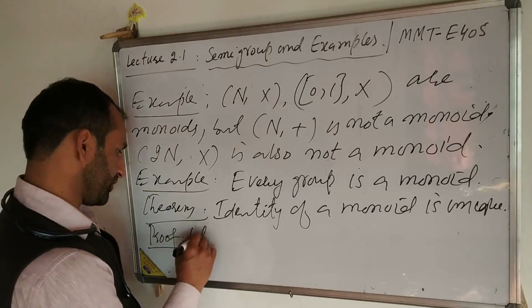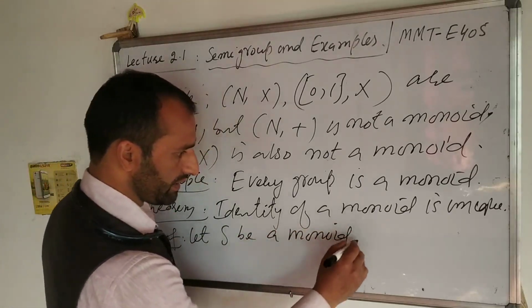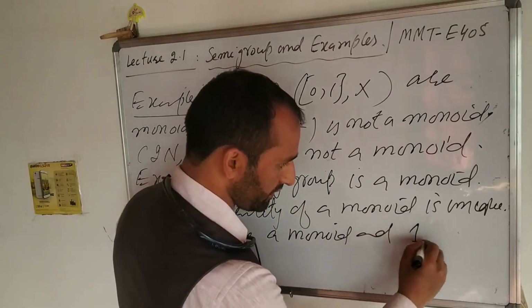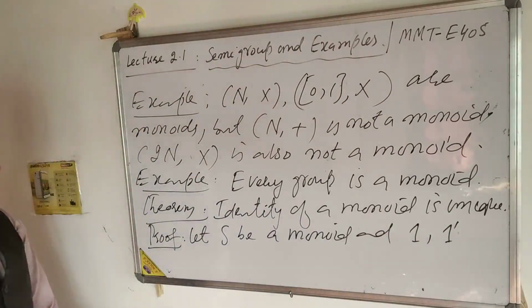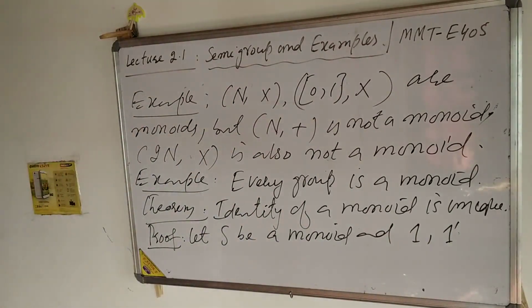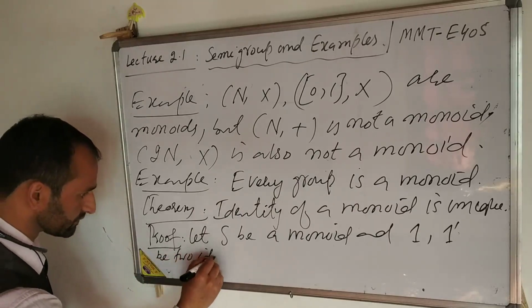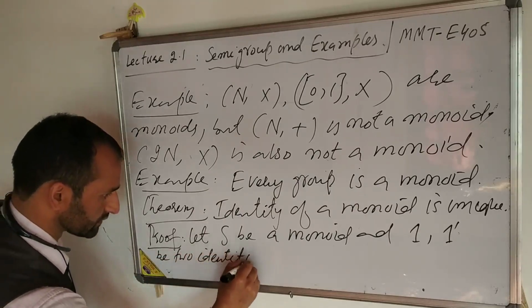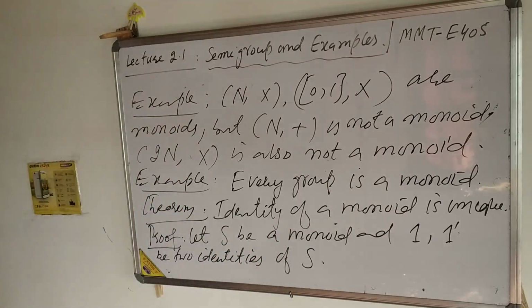So let S be a monoid, and let 1 and 1 dash be two identities of S. We need to show that 1 is equal to 1 dash.